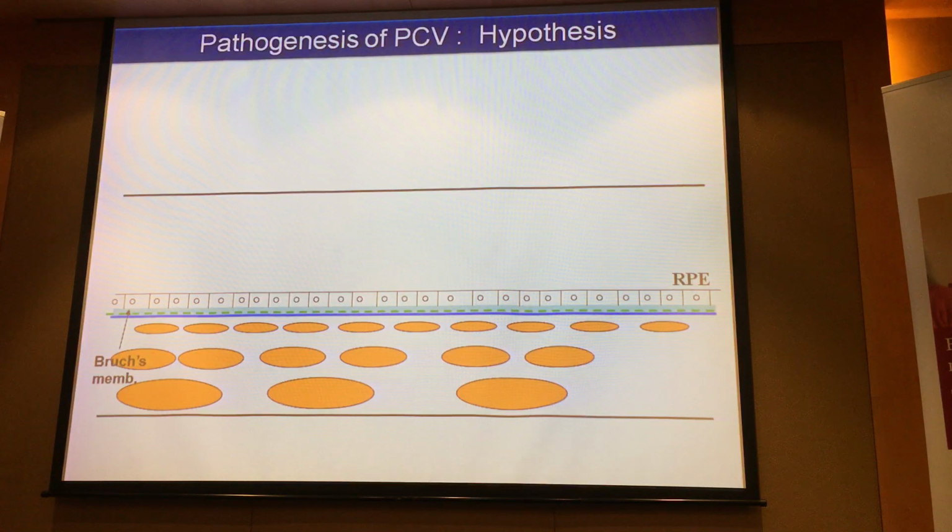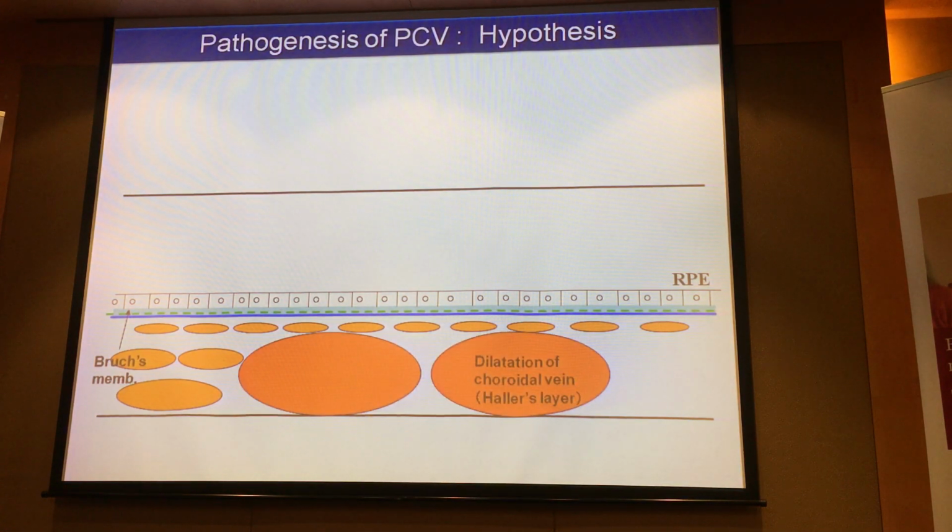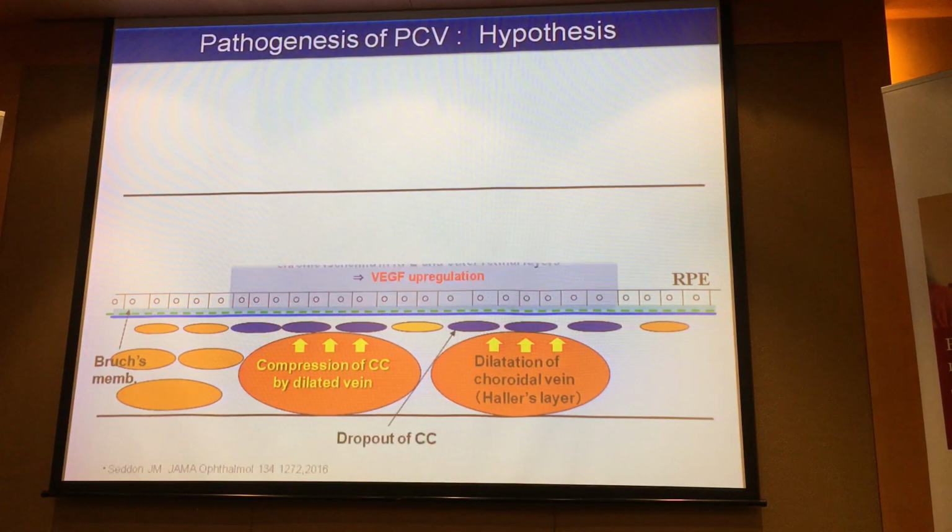So this is my hypothesis of the pathogenesis of PCV. First, dilatation of the choroidal vein occurs in Haller's layer, and then compression of the choriocapillaries by the dilated vein, and dropout of choriocapillaries induces chronic ischemia in the RPE and outer retinal layers.